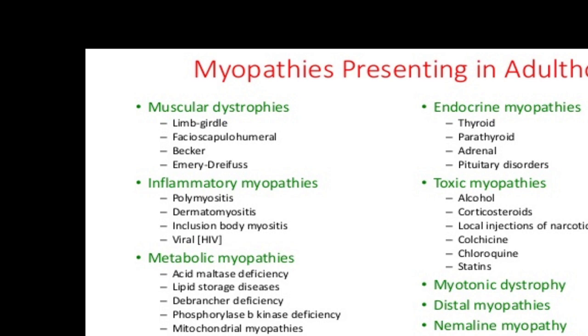Then toxic myopathies, like administration of alcohol or an excess of corticosteroids, also can produce a myopathy. Then drugs like chloroquine and statins. Again, statin, whether it has to be considered as a myopathy or a reactive arthritis, anyway, is the controversial issue which I have already told.